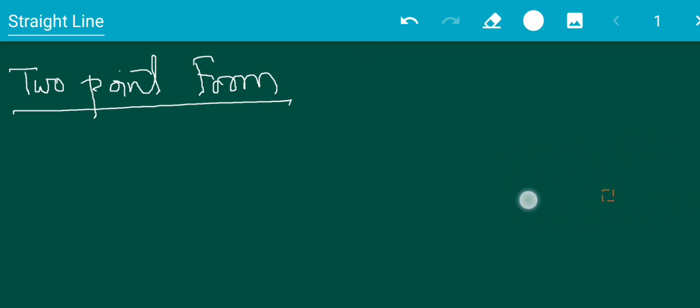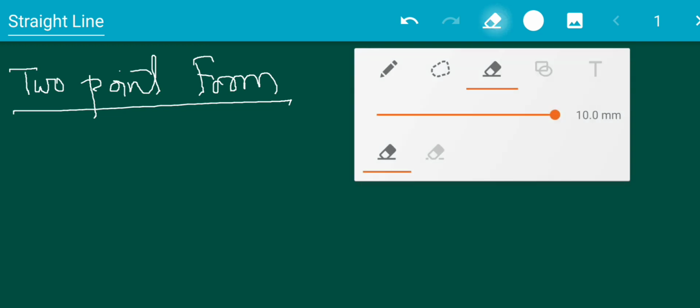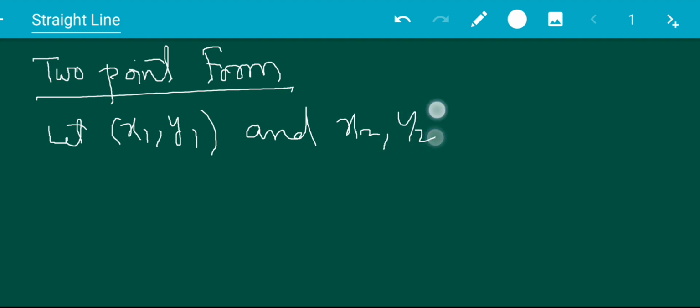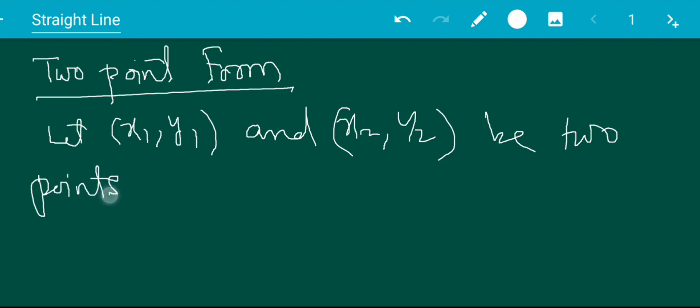So let's see. Suppose (x1, y1) and (x2, y2) be 2 points on the straight line.